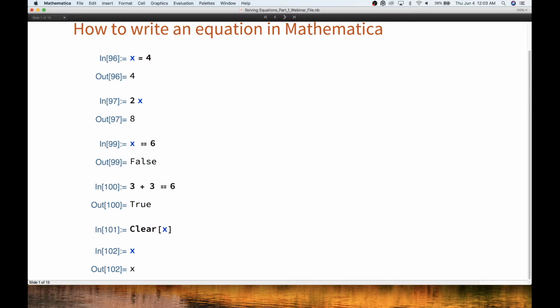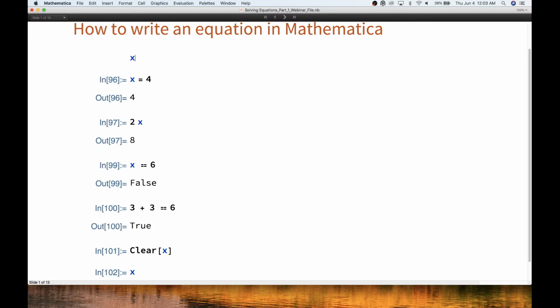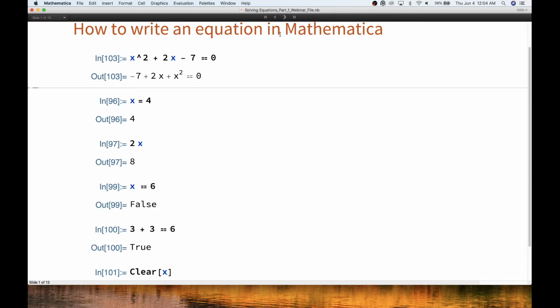Wolfram Language treats equations as logical statements. If you type the equation in this format, like x^2 + 2x - 7 == 0, the Wolfram Language system interprets this as a logical statement, which shows that -7 + 2x + x^2 == 0 in this scenario.